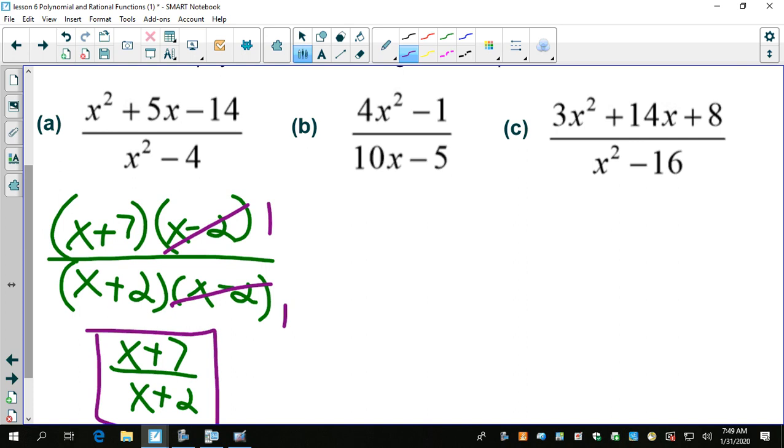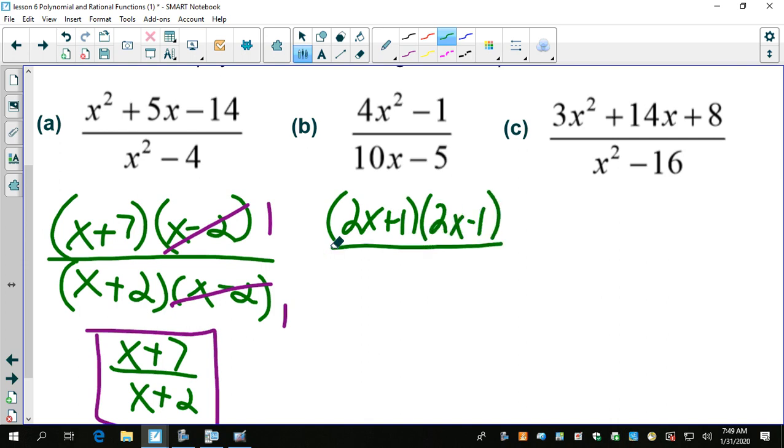Let's do this one. How would you factor this one? 2x plus 1, 2x minus 1. Bottom, GCF, yes? 5 times 2x minus 1. Now, what's your only like factor here? 2x minus 1.